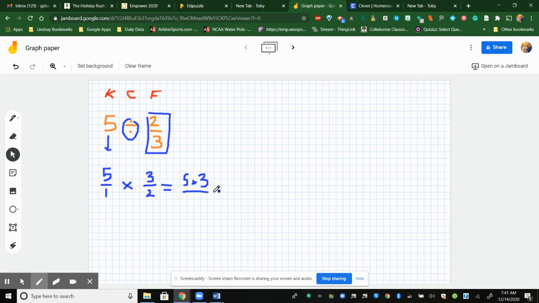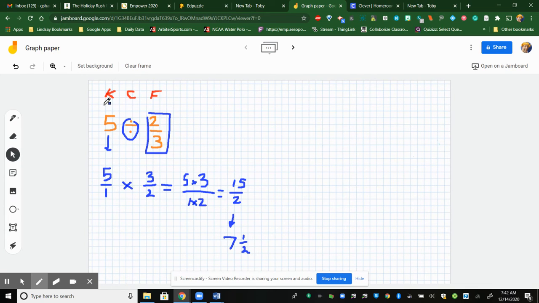There we go. 1 times 2. And now I have 15 over 2, or 15/2. Or if I want to represent it as a mixed number, 15 divided by 2 is 7, with 1 left over, and that 1 left over is a half. So my answer is 7.5.